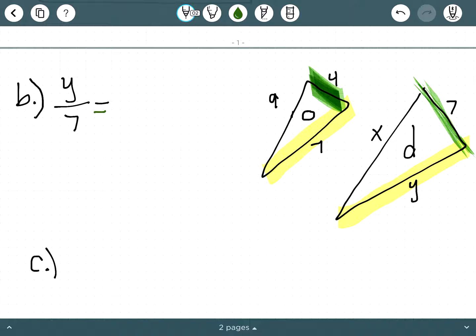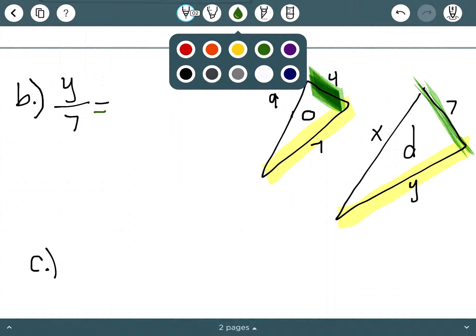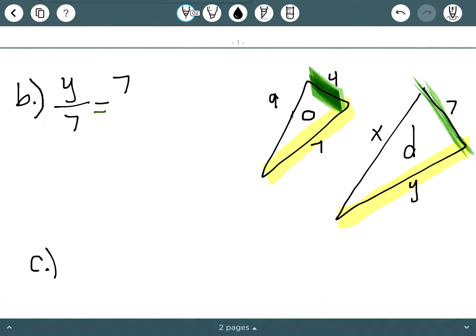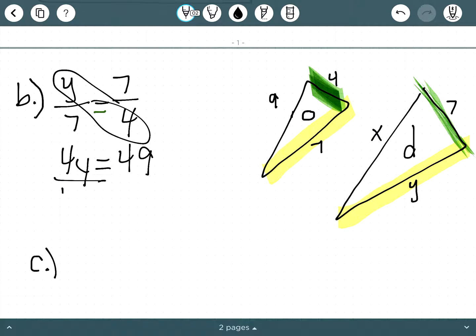So my y over 7, we'll go ahead and set that equal to 7 over 4. 4 times y would give me a 4y, and 7 times 7 would give me 49. I'll divide by 4 on each side to get y by itself, and when I do that, I should get y equals 12 and 25/100 units.